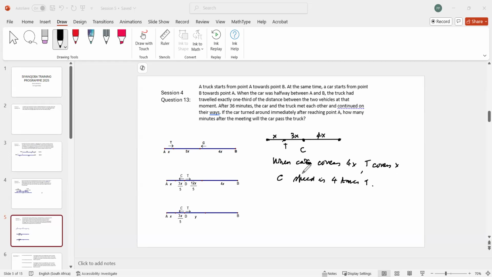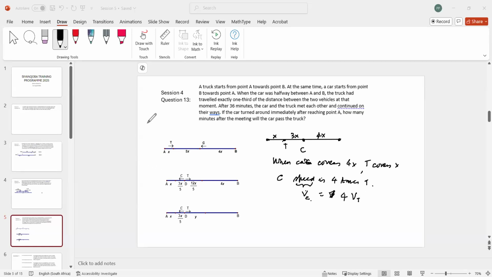A nice way of writing the speed is v for velocity, and put a c here, which means this is the speed of the car, and that is 4 times the speed of the truck.